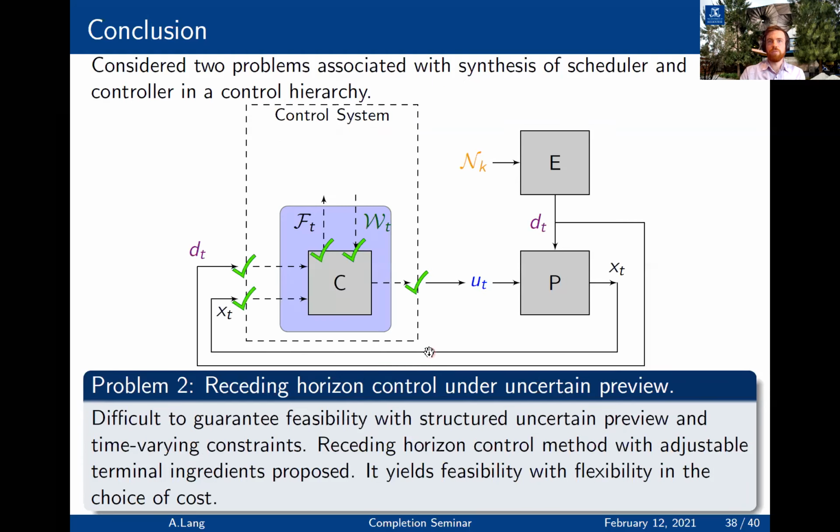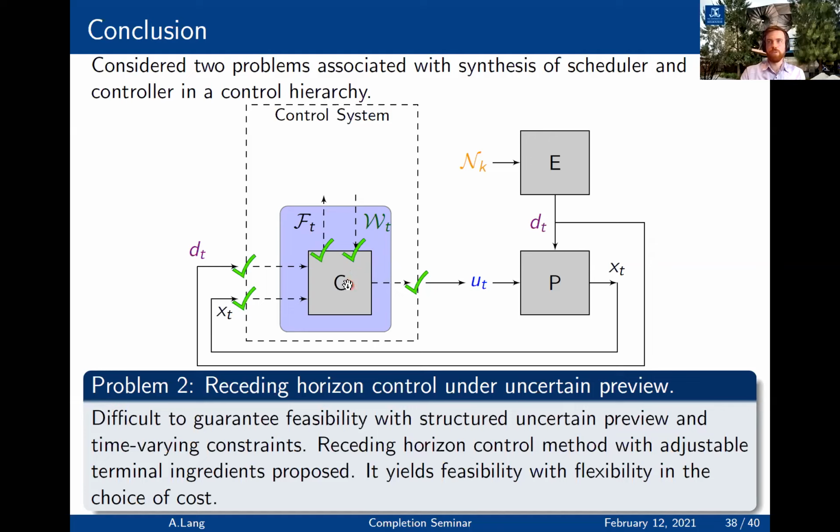So the second problem we looked at was a controller synthesis problem that also looked at using an uncertain preview of how the environment's going to respond to this influence. So it was difficult to guarantee the feasibility while allowing this preview to be structured and also deal with the time varying constraints.